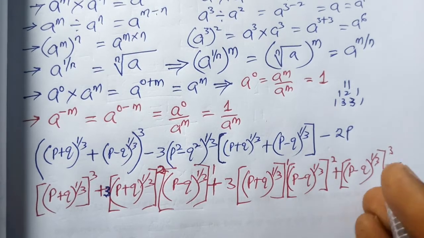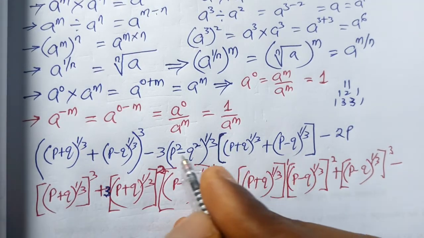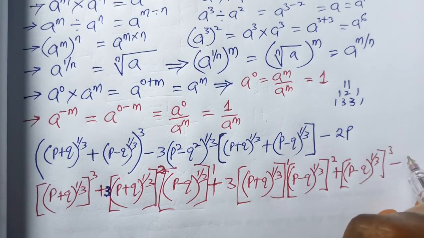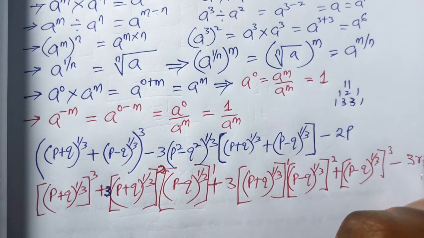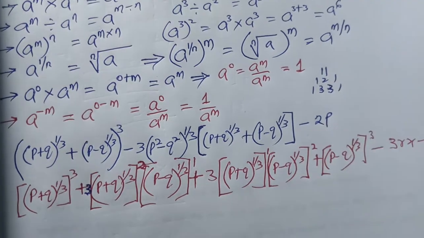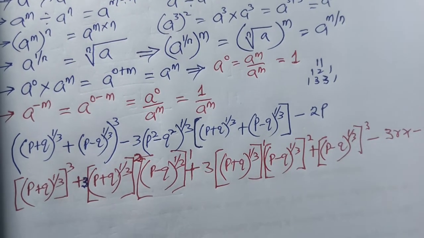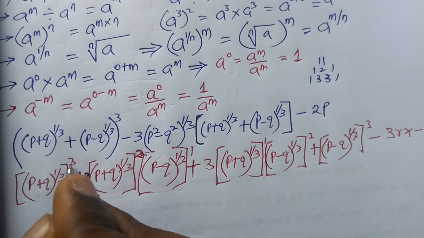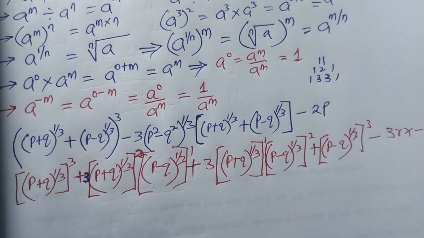Minus this whole thing, I will just write it for now as 3rx minus 2p. Subsequently I will bring it out. So for here, if we open it up, you see that this is raised to power 3.